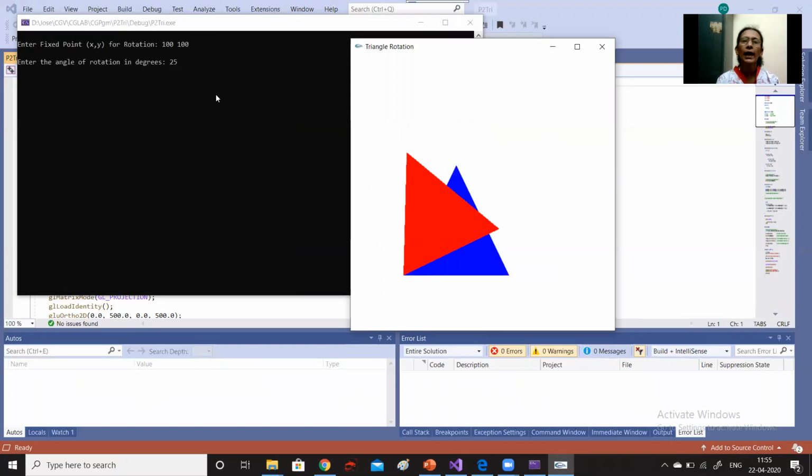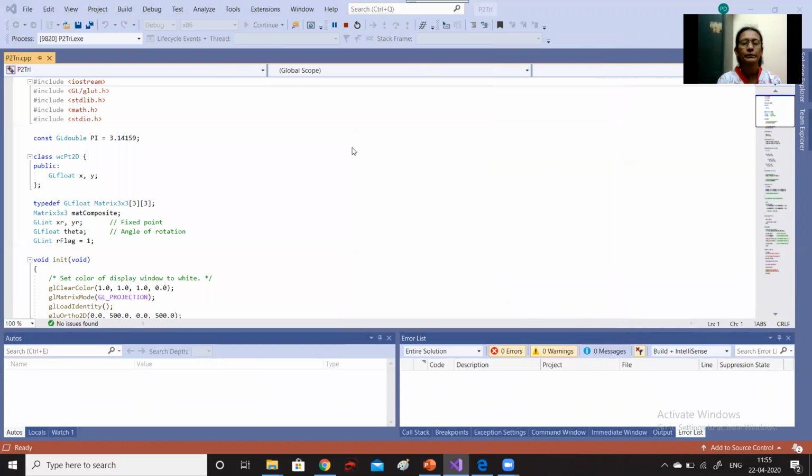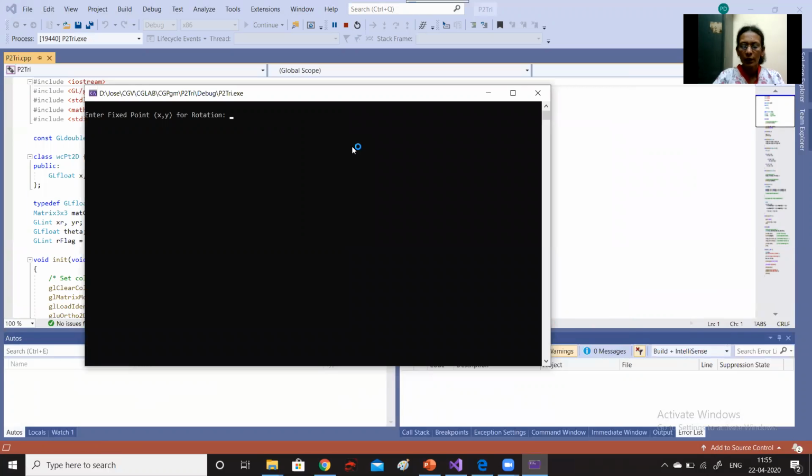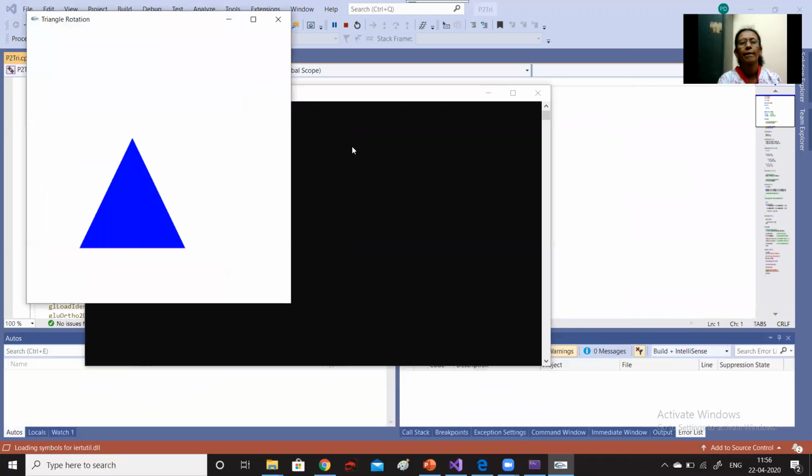Use small angles, because if you use bigger angles, maybe it will go out. We will see an example of that. Say I give 200, 300. Say I give 90 degrees. You see, I've got only this triangle. When I rotate this point by 90 degrees, it goes out of the window.